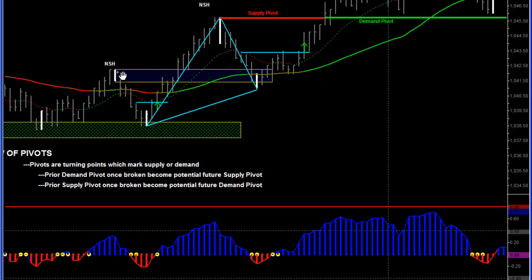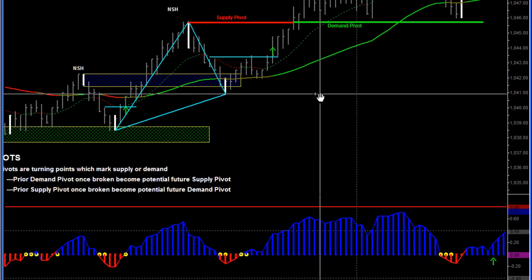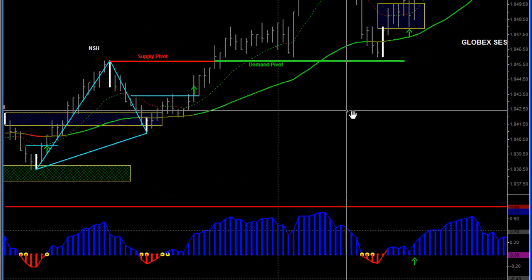So prior pivot highs, or prior supply pivots, become future demand pivots. And notice we found support in that zone. So the 55 EMA and/or a prior pivot zone is an area always to consider when looking for a low risk trade opportunity. Okay, let's just move on.